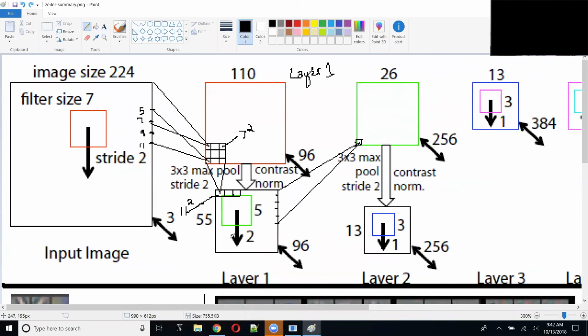So this guy, because we said this square is looking at an 11 square pixel patch, this activation here is also looking at an 11 square pixel patch, right? Remember, this square here is 7 pixels wide, and this one here is 11 pixels wide.